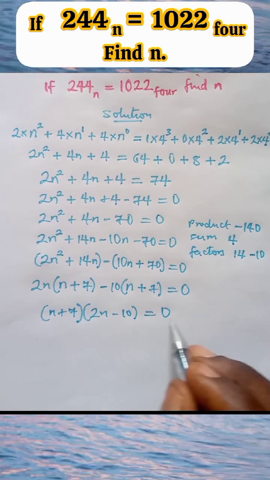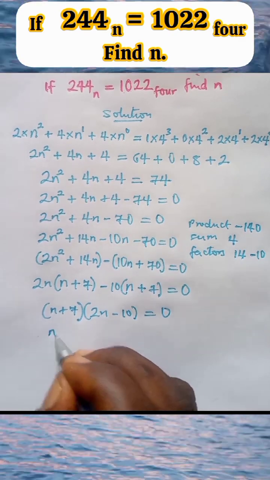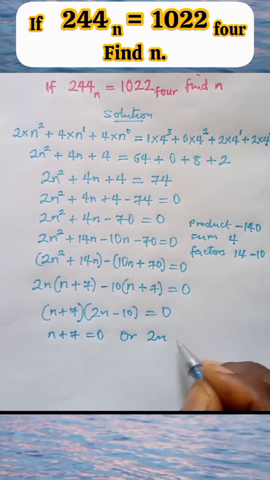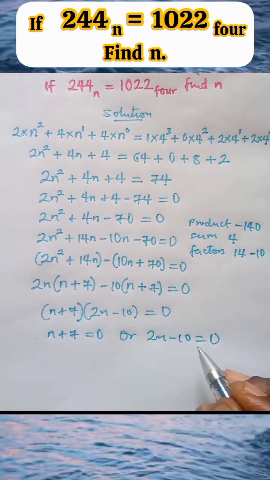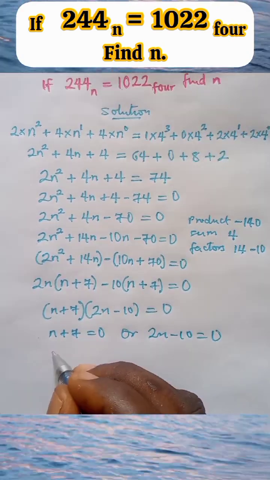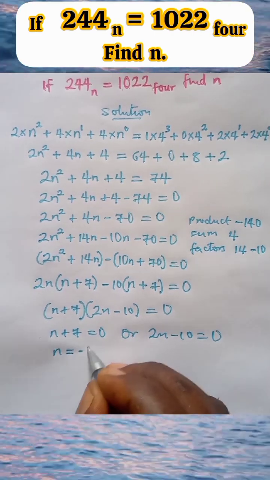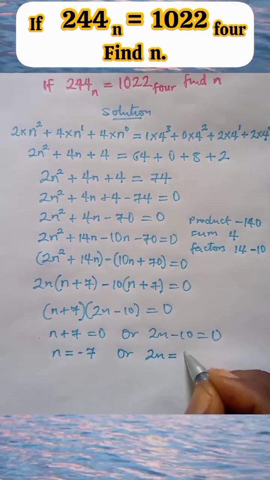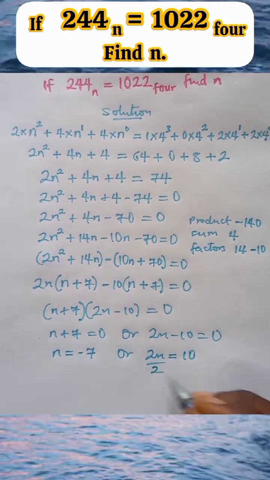If this multiplied by this gives us 0, then either n plus 7 is equal to 0 or 2n minus 10 is equal to 0. We simplify and have n equal to negative 7, or 2n equal to 10.